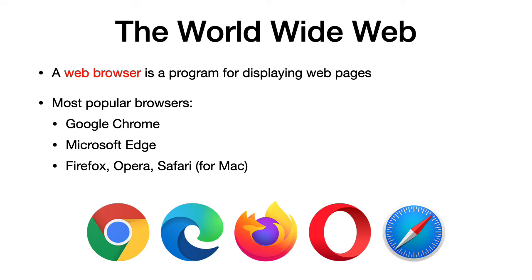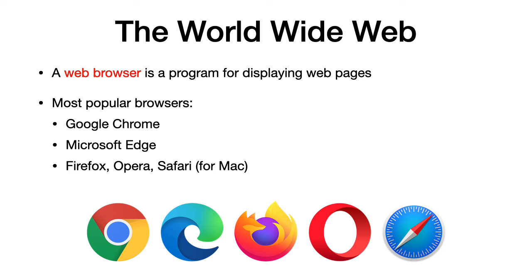To see the pages on the web, we use a web browser. Some of the more popular browsers are shown here: Google Chrome, Microsoft Edge, Firefox, Opera, Safari, which is used on the Mac.